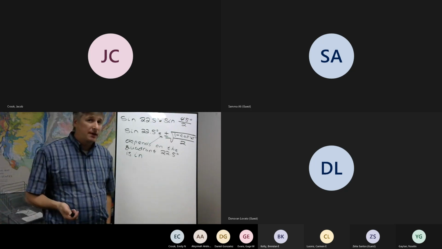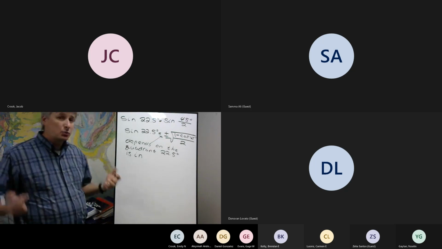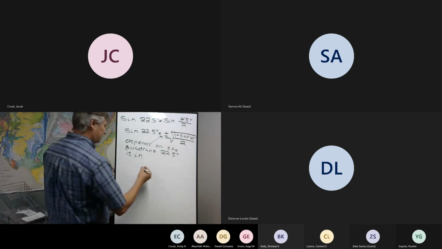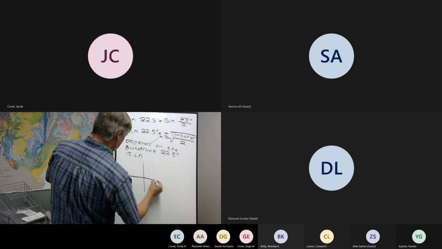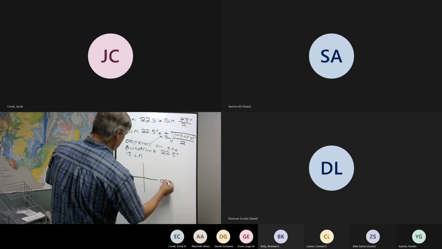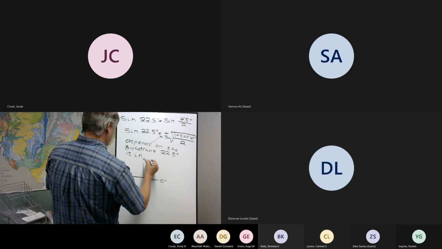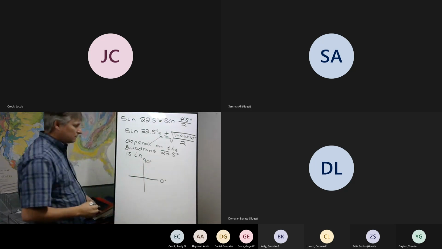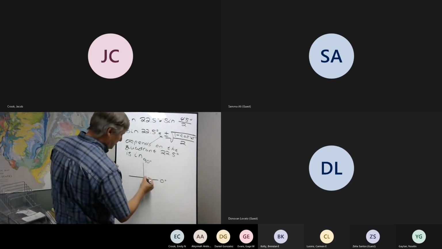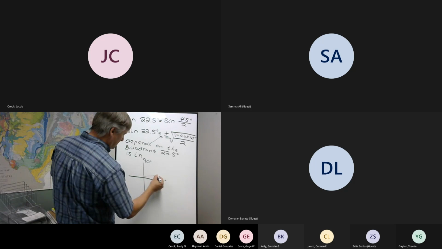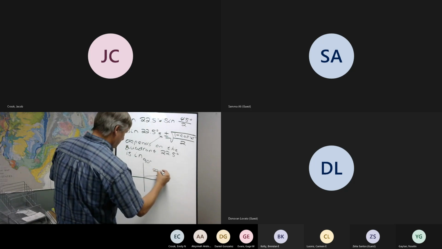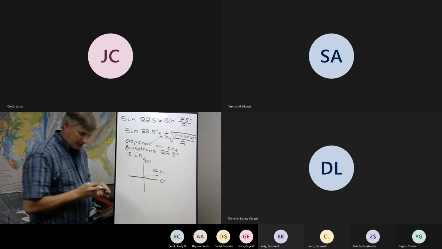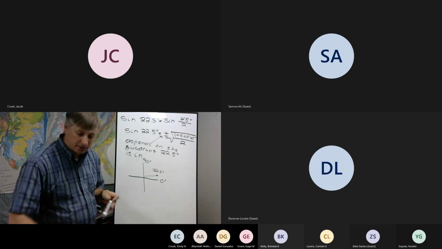You could choose it from the get-go. So if we think about 22.5 degrees, well, 22.5 degrees it's somewhere in this first quadrant.